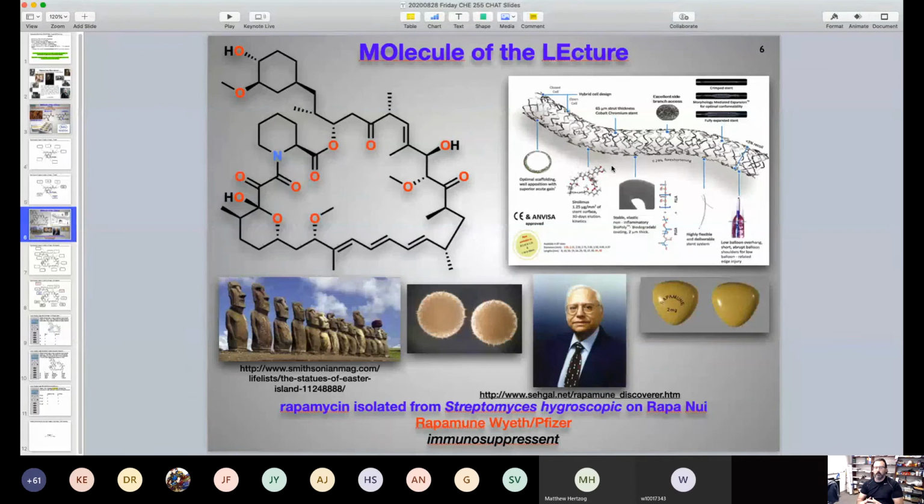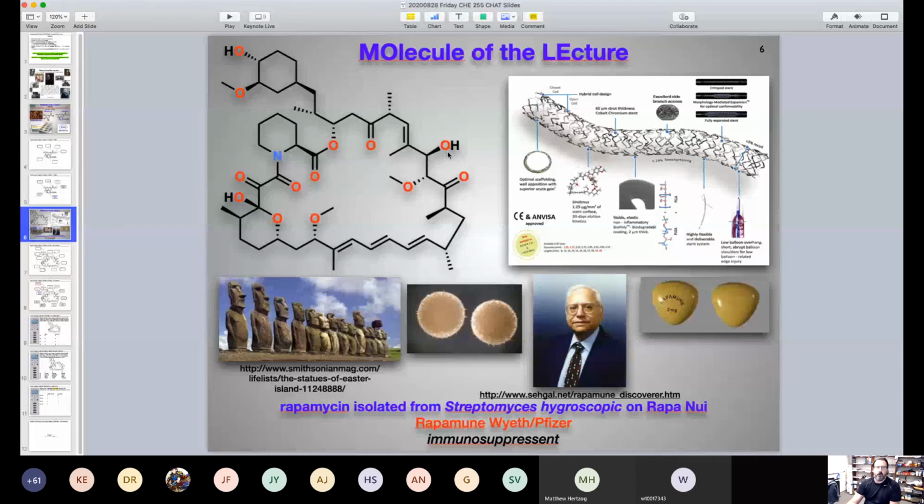So this molecule, which is found in the soil on Rapa Nui, is an immunosuppressant, and it's sold as Rapamune by Pfizer, either as a pill or it's coated on stents. When people get high cholesterol, the volume of blood that can be pumped through their veins sort of decreases due to that cholesterol. So a stent basically holds that opening to a certain diameter or width. As shown in this diagram, that's the stent, and it's been coated with rapamycin, and that basically prevents further immune responses.